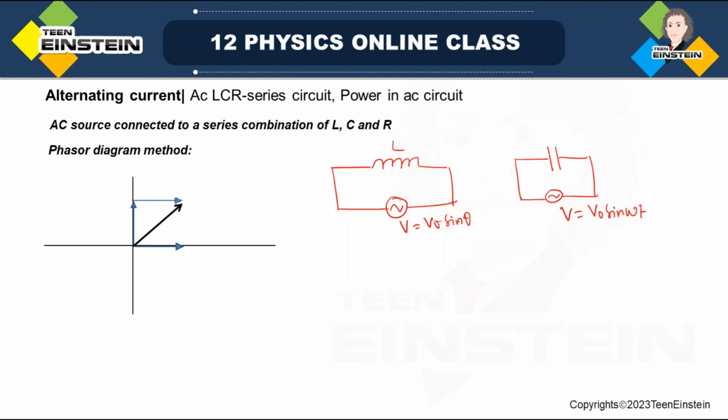We know how it behaves when you have a pure resistor circuit, pure capacitor circuit, and pure inductor circuit. So in all three cases we have already seen the magnitude of the current.